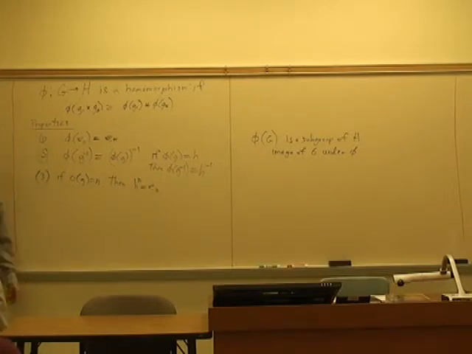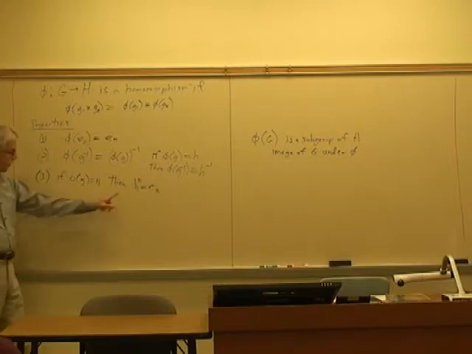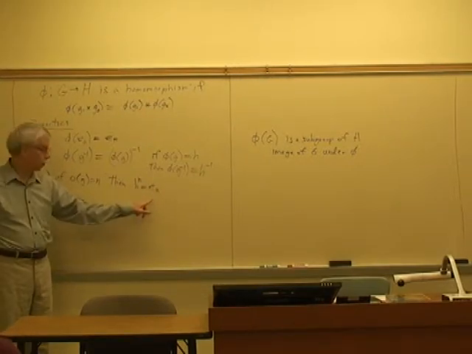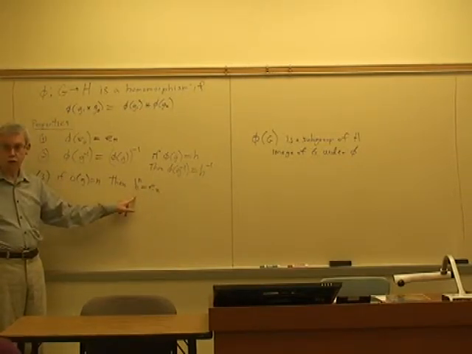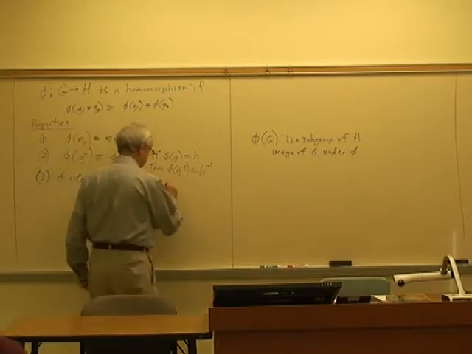What does it mean? If H to the n is the identity, what do I know about the order of H? It could be n, but it divides n.